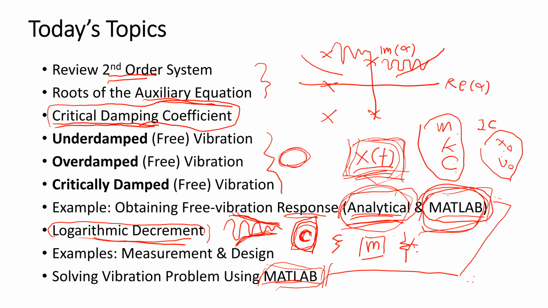We may sometimes obtain the stiffness of the spring by the static deflection, but the c parameter, or the damping coefficient, is not easy to obtain in a real system. So by applying the concept of the logarithmic decrement, we can find a way to obtain the damping coefficient from the measurable data of the experiment.